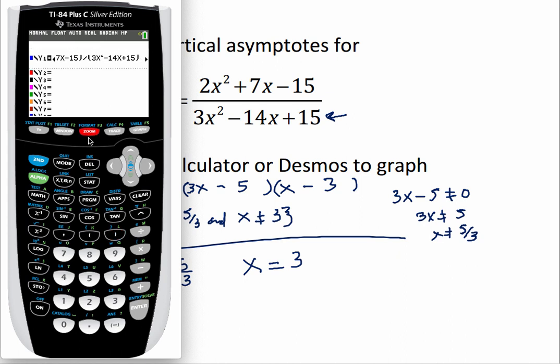Let's go ahead and do a zoom standard. Ah, there's part of the graph. And no, that is not the graph. That is Mike making a mistake on the input here. So let's go back. What did I forget? 2x squared plus 7x minus 15, divided by 3x squared minus 14x plus 15.